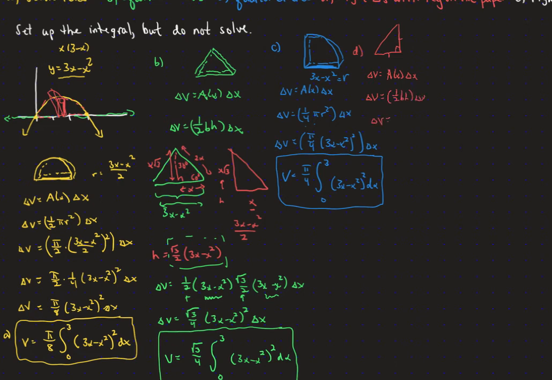Since our right triangle has this base right there on the iPad or your paper, that is just our function. So we're going to get 1/2 times our function, which is 3x minus x squared, times the height. But since this is isosceles, these two side lengths are the same. So that's going to be another 3x minus x squared, and then our delta x.